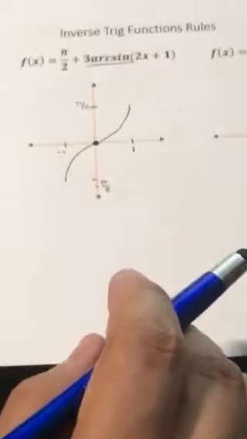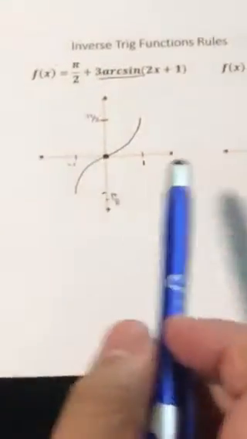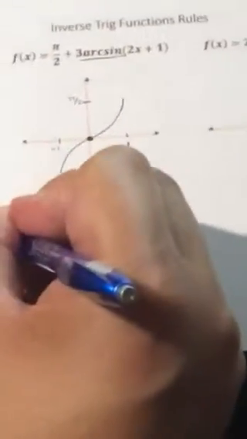If you remember how to do the horizontal and vertical shifts, you should be able to get to the answer without having to do the other stuff. So that's what I'm going to focus on here: the horizontal shift and the vertical shift.